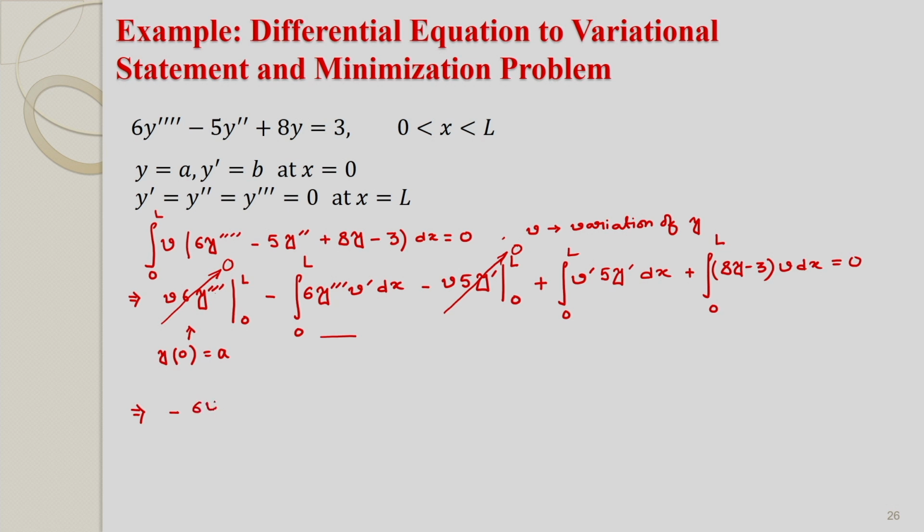So, this is the boundary term, y double prime v prime from 0 to L. Now the sign will change in integration by parts: v double prime 6 y double prime dx.